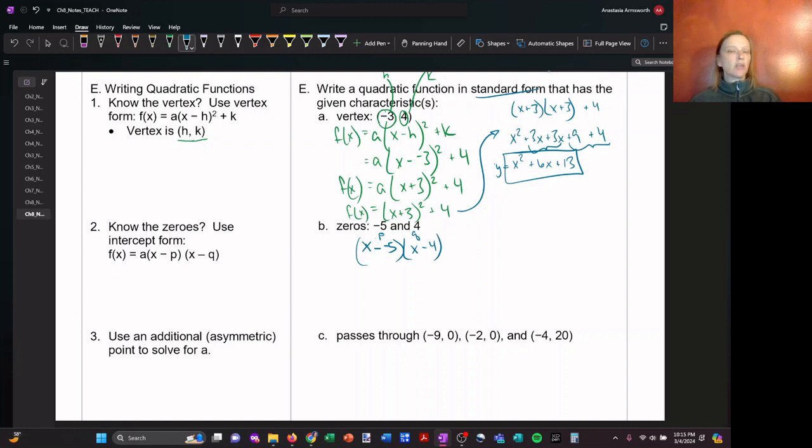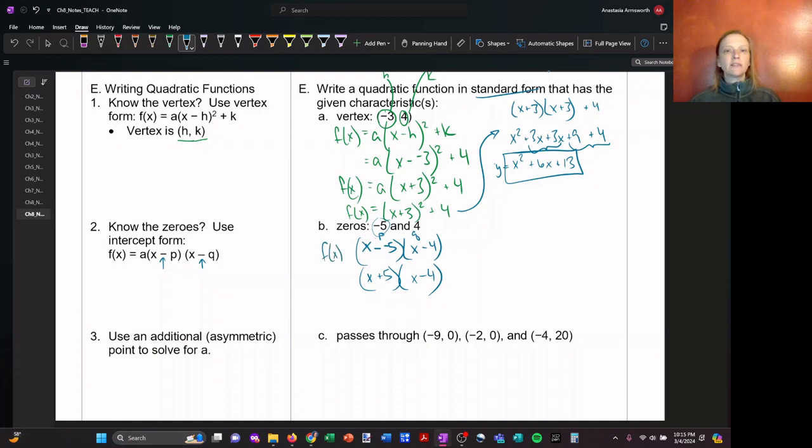Again, simplifying this, I shouldn't have two negative signs next to each other. I've got x plus 5 times x minus 4. Remember, there are negative signs built into this equation so that you can plug the values, the zeros, as they are given to you.